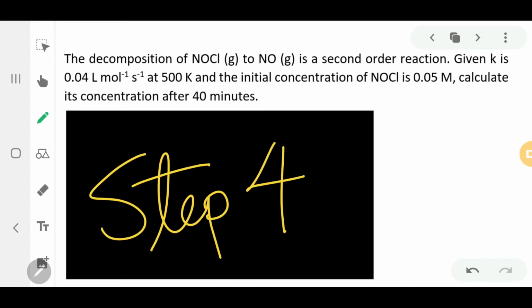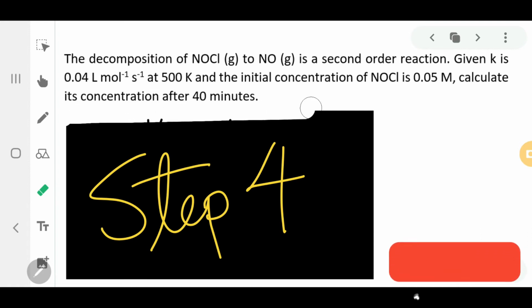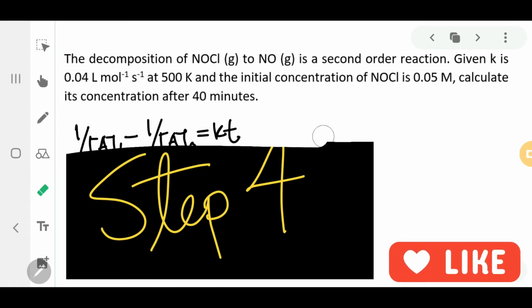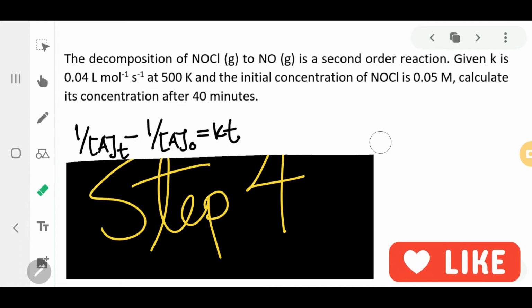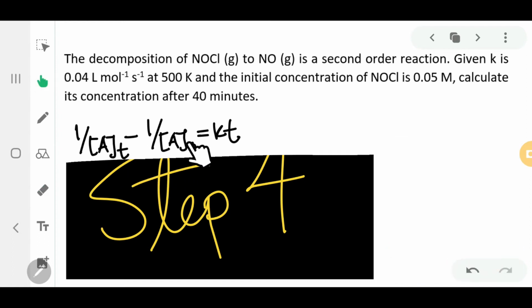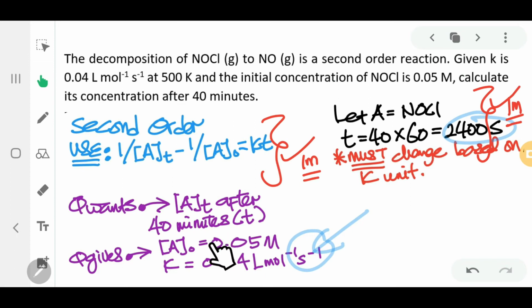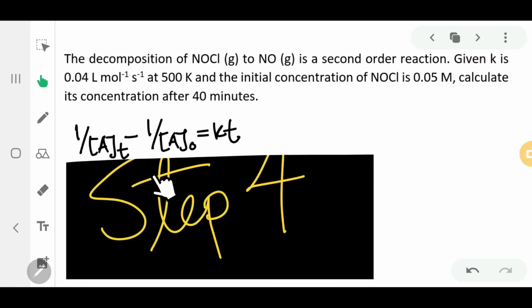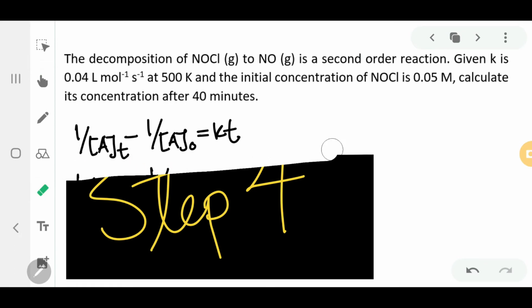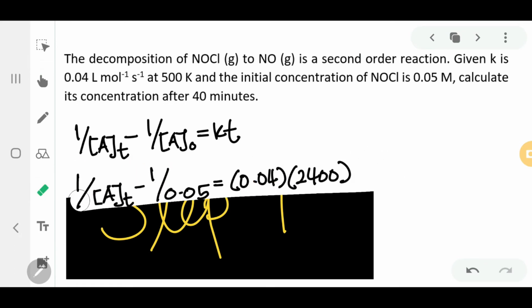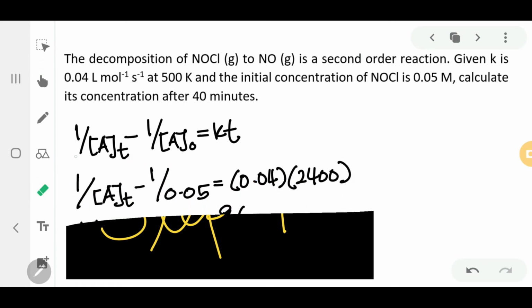So step number 4, what will happen now? We're going to use the integrated rate equation and just substitute the values over here. We have the initial concentration, the value of K, and the time. You just plug in all the values and you'll get something like this.